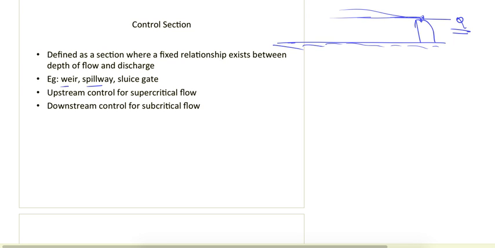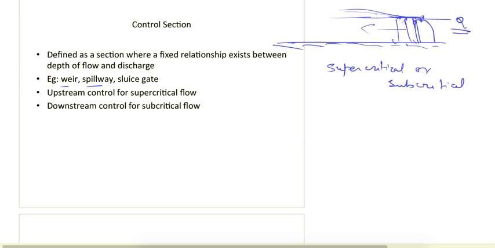So from here, if the gradually varied flow profile is occurring, from this point we will start our calculation, and in which direction this profile will occur, it will depend on whether the incoming flow is supercritical or subcritical. What does it mean now?